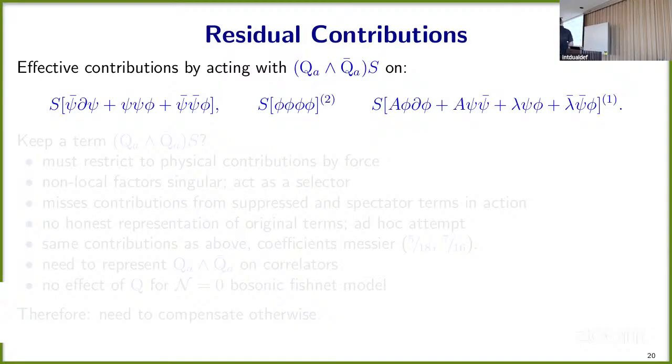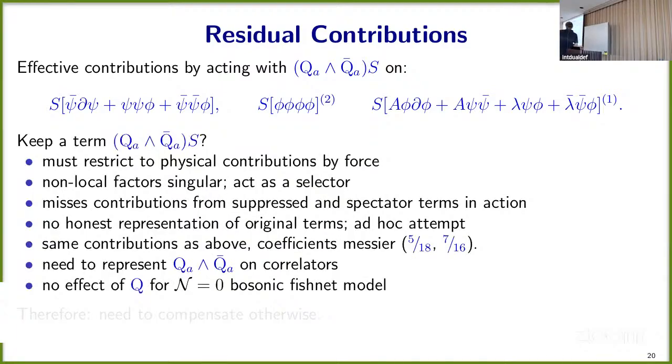These terms exist in the limiting process, but they don't exist in the limit. So the question is, can we keep such a term somehow in this model? We would have to restrict to physical contributions by force, that is only those. But even that is a bit funny because there are some non-local factors in such a term here, which typically act as a selector.